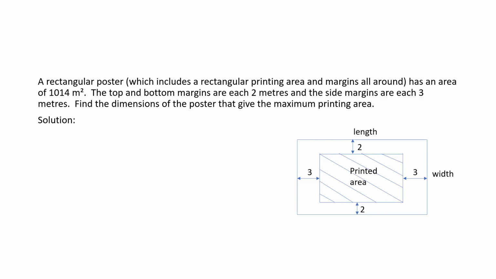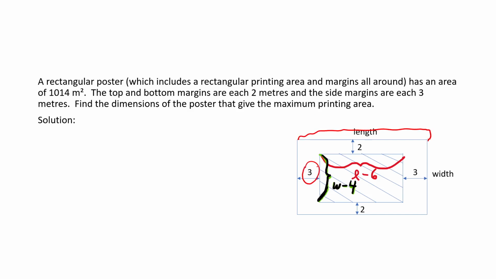So we have a picture of the situation here. We're going to let L refer to this overall length, and we're going to let W refer to this overall width. So we're trying to maximize the interior shaded area. Now, the interior shaded area has an area of (L minus 6) times (W minus 4), because L refers to this length.